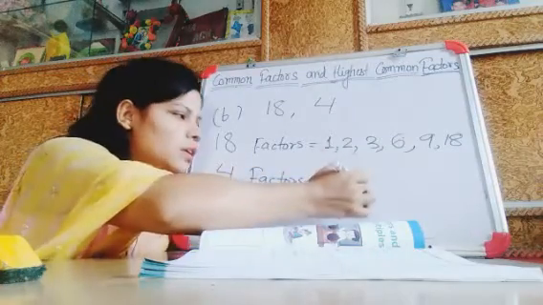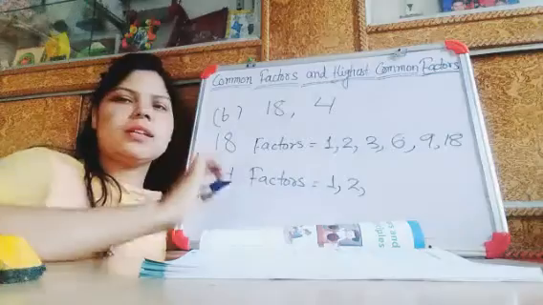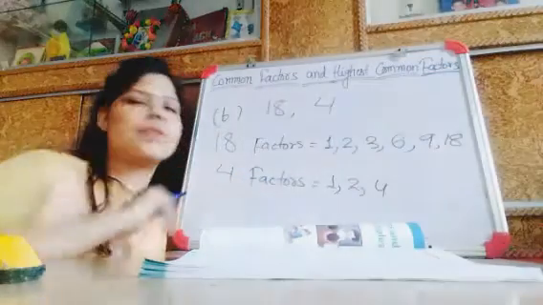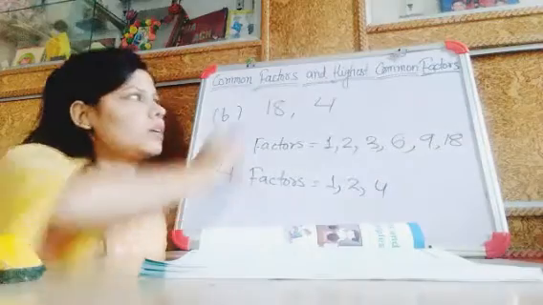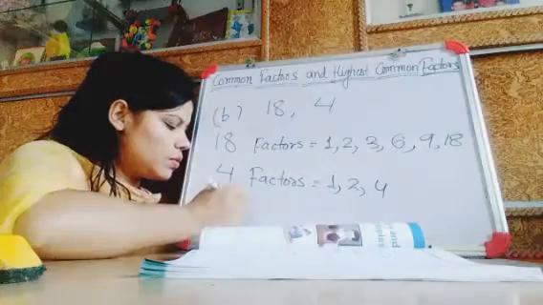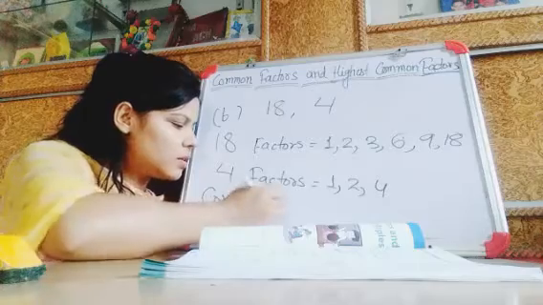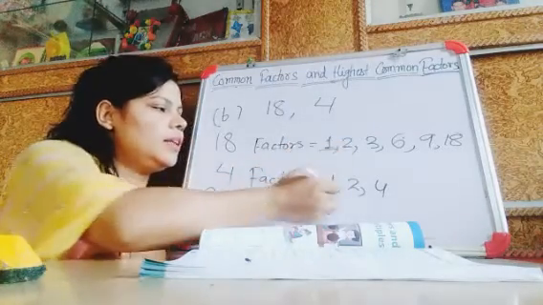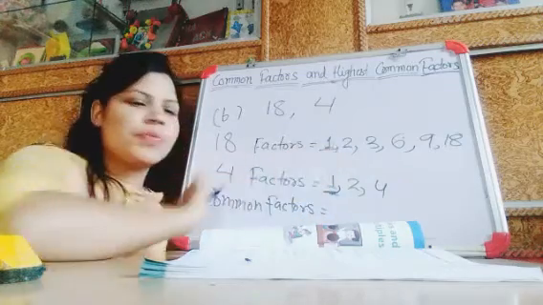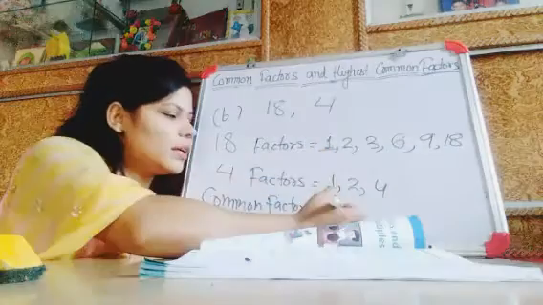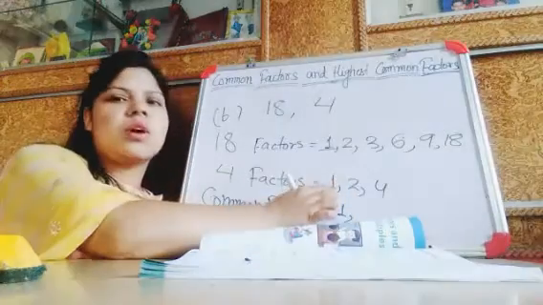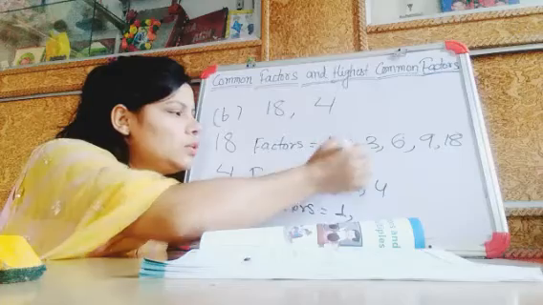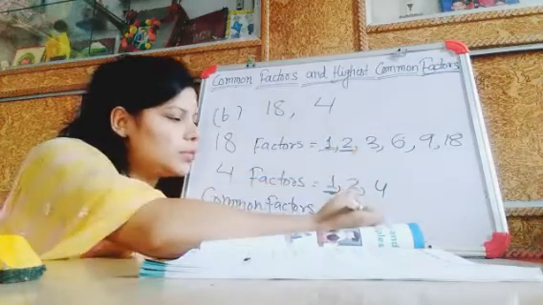1, 2, and 3 is not a factor of 4, and 4 will be a factor of 4. If I ask which will be the common factors, 1 is here and 1 is also here. 1 is a common factor because both have 1, and 2 is also in both numbers.